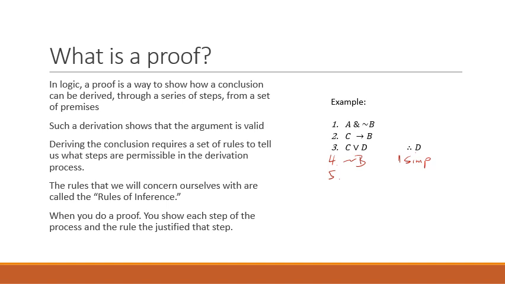And if you look at line 2 and line 4, that is an instance of that kind of pattern, right? We have a conditional in line 2, and in line 4 we have the negation of the consequent of that conditional, right?